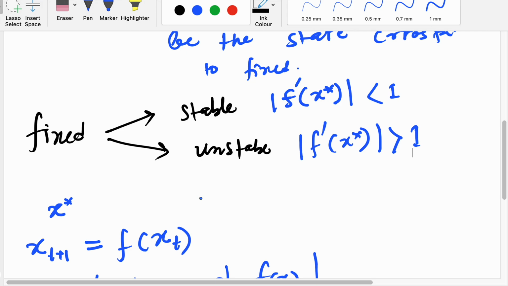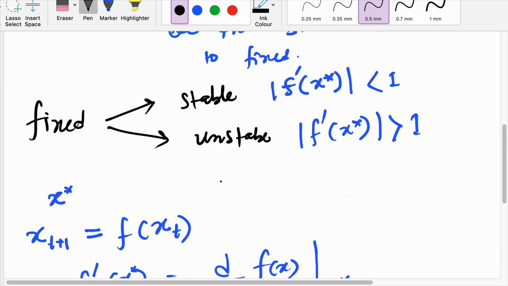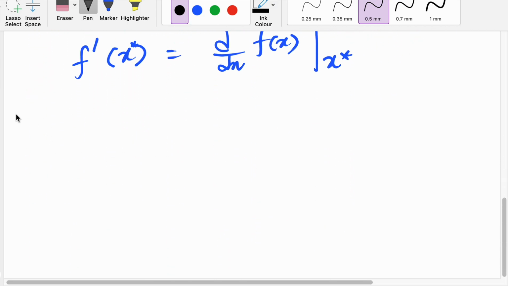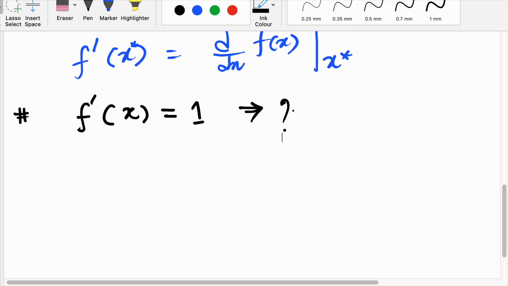Now, what does it mean if f prime x becomes 1? What does f prime x equal to 1 mean?